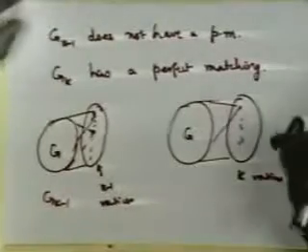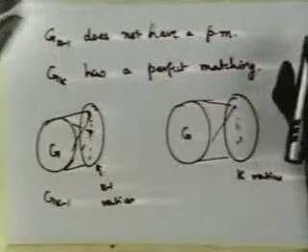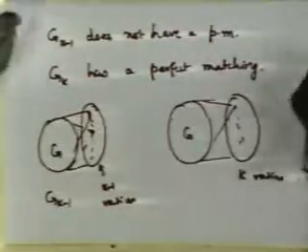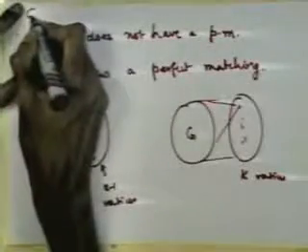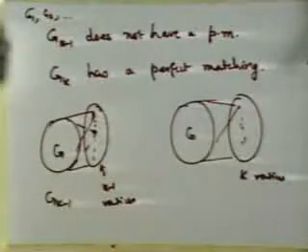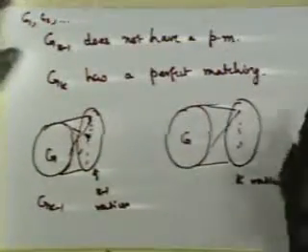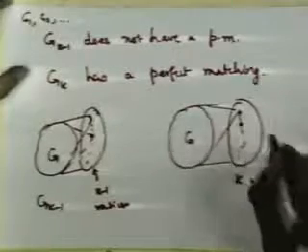What does this mean? Let's look at the perfect matching here. Actually, I must say that G1, G2, all the way up to Gk minus 1 do not have a perfect matching. So k was the first time that we encountered a graph with a perfect matching. So let's look at Gk. What can a perfect matching here look like? Can it have an edge like this?